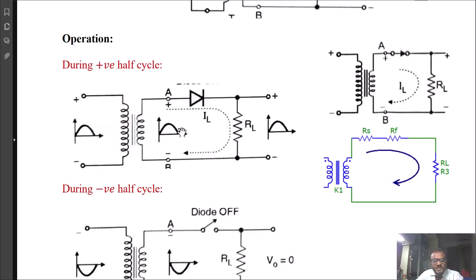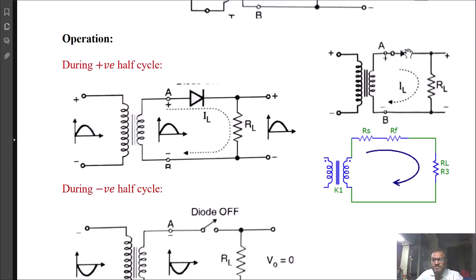Now during the positive half cycle, we will see that at the secondary, point A is more positive than point B. It makes the diode anode more positive with respect to the cathode, and therefore the diode goes into forward bias.